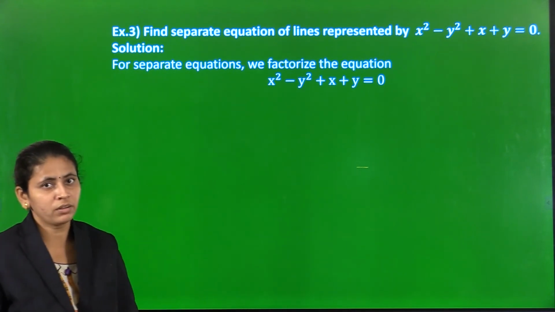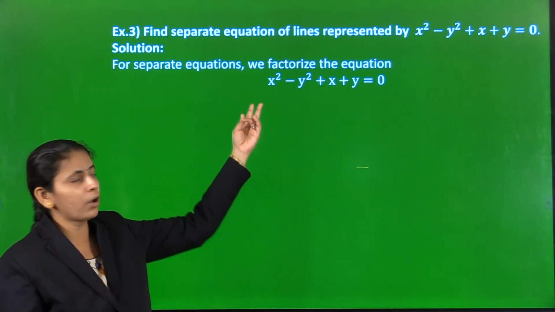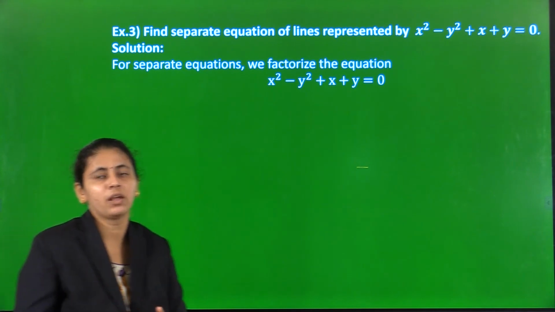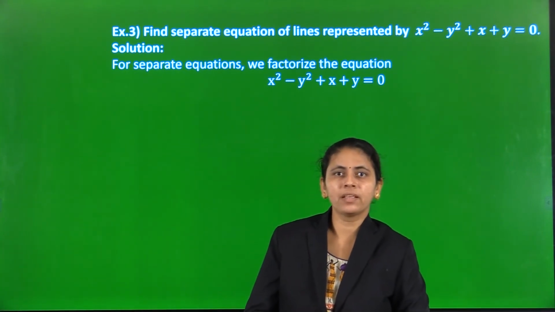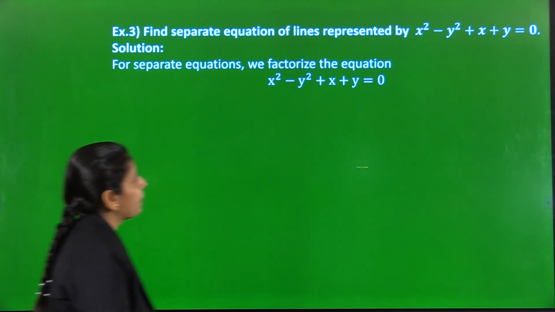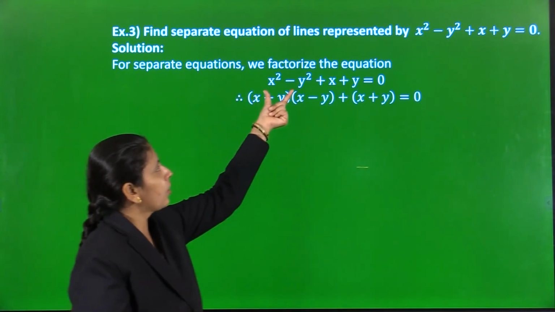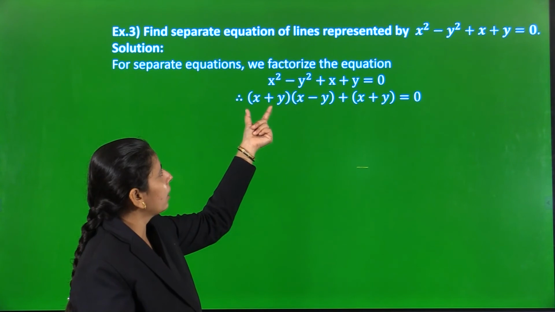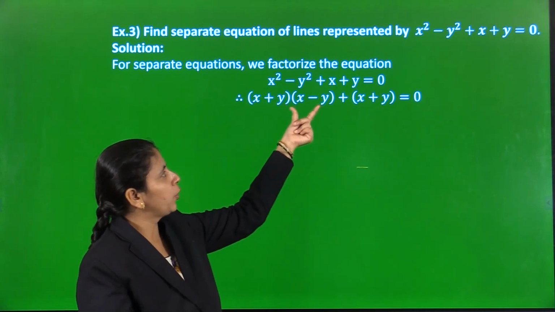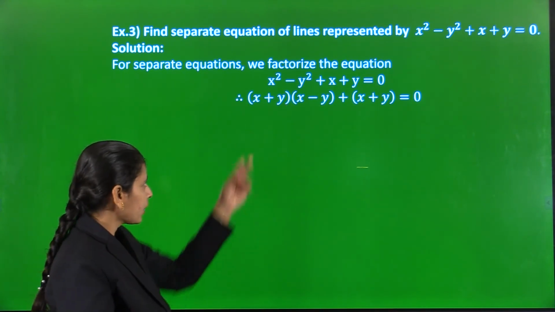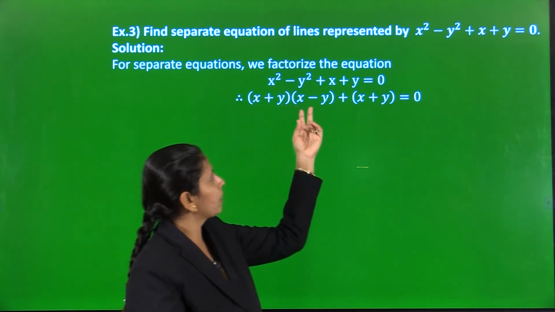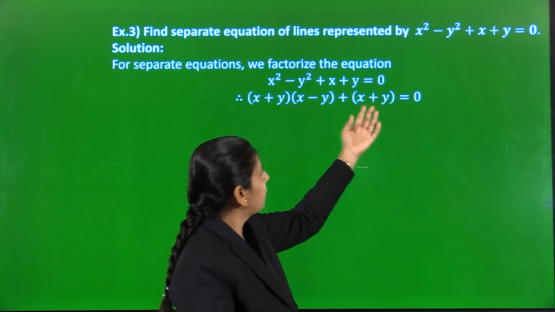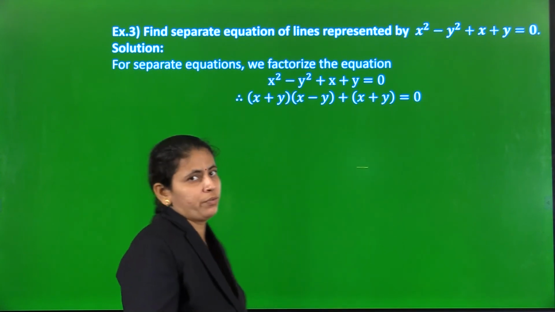You have studied the formula a square minus b square is equal to a plus b into a minus b. So the factors of x square minus y square are x plus y into x minus y. So we can write x plus y into x minus y plus x plus y is equal to 0.